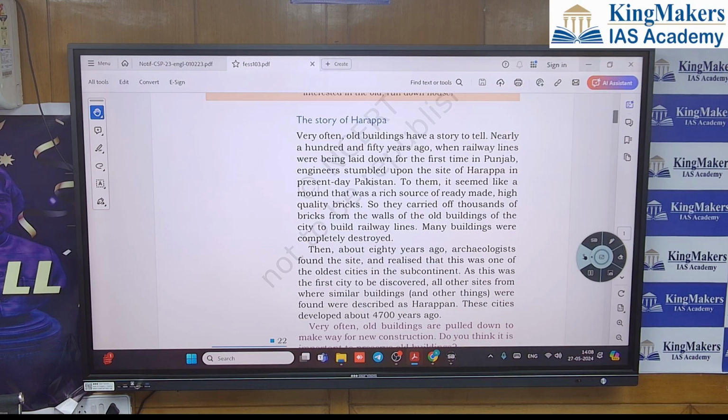Yeah, read it a little louder. Very often, old buildings have a story to tell.